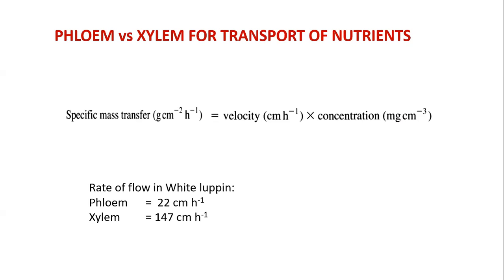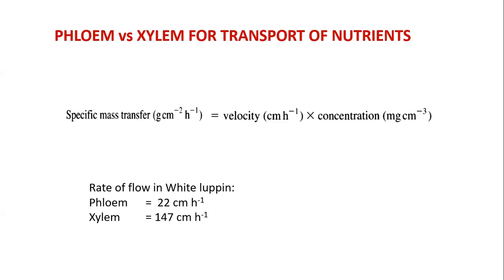The rate of flow is mentioned here. The rate of flow means the velocity, centimeter per hour. That is much less in the phloem as compared to xylem. In xylem, the flow rate is much higher.